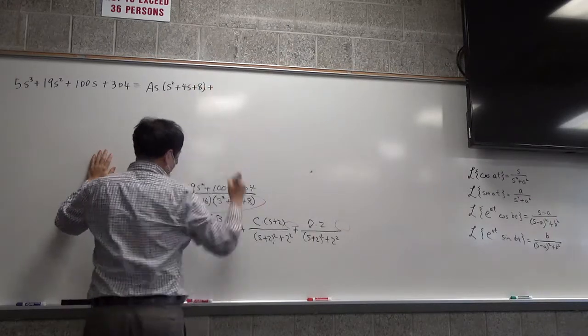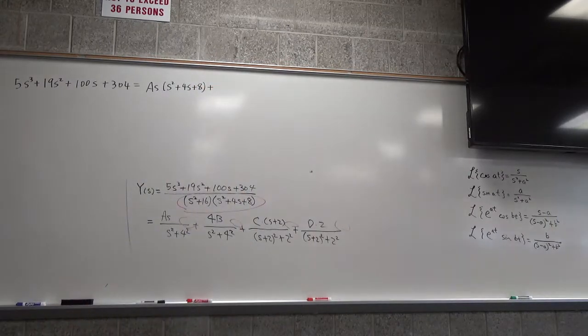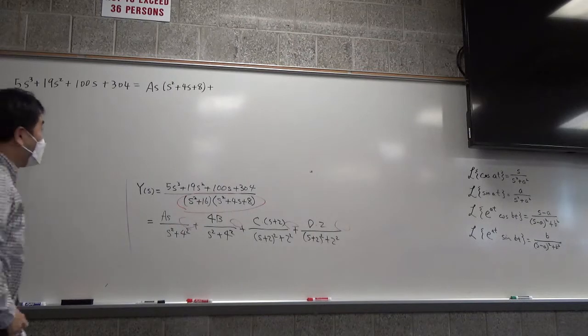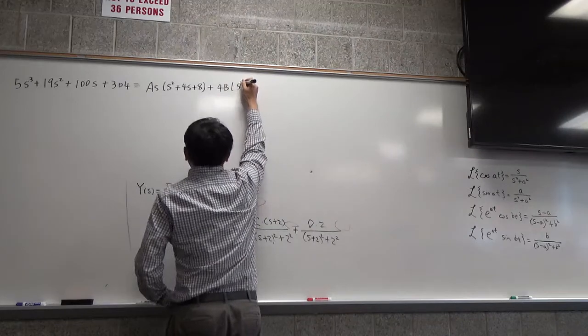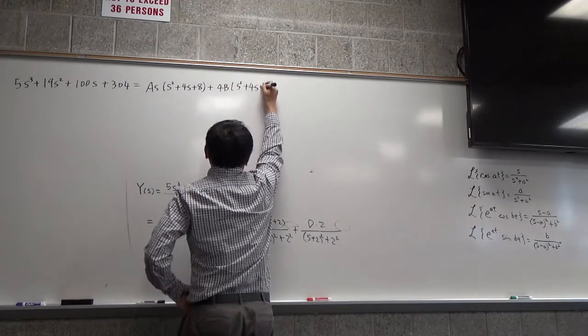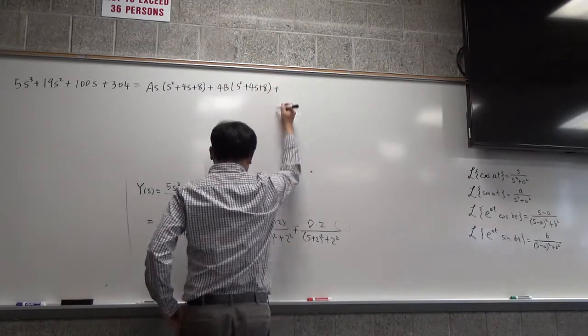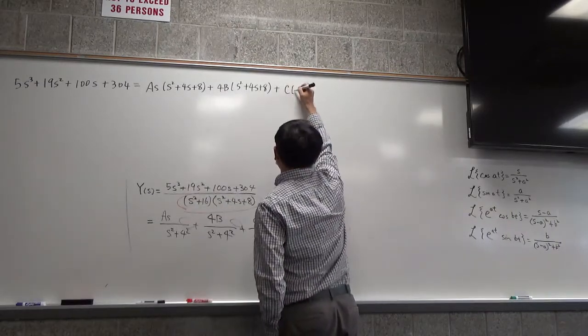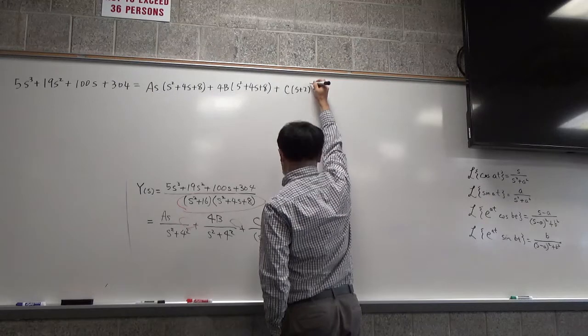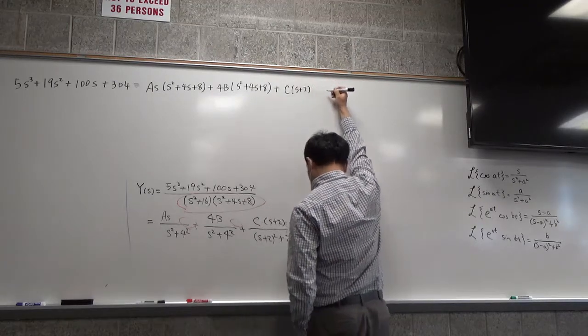Good. Okay, next, 4b times what? S squared plus 4s plus 8 plus c times s plus 2, right?